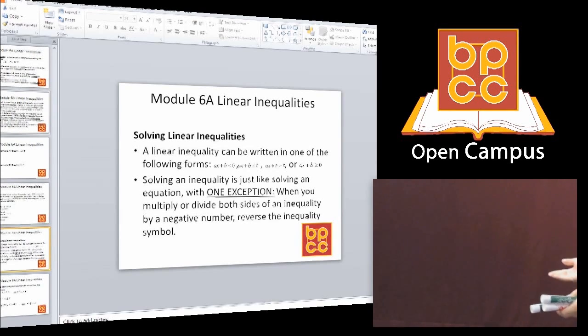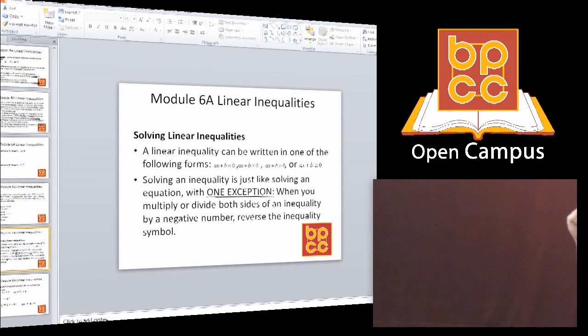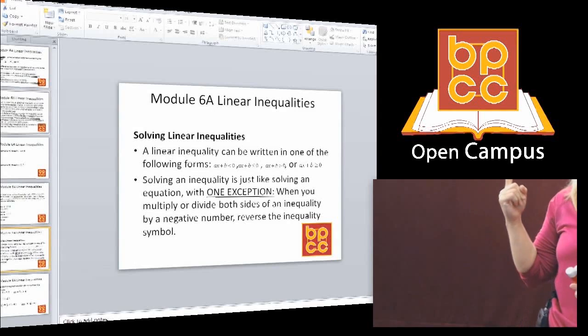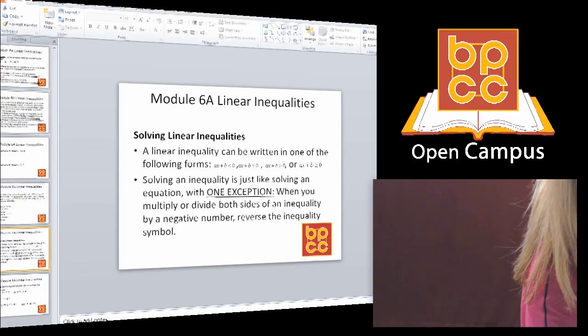However, there is an exception, and that's what your notes say. Solving an inequality is just like solving an equation, with one exception. When you multiply or divide both sides of an inequality by a negative number, you must reverse the inequality symbol. So that's what we're going to work on now. We're going to work on how you solve an inequality.